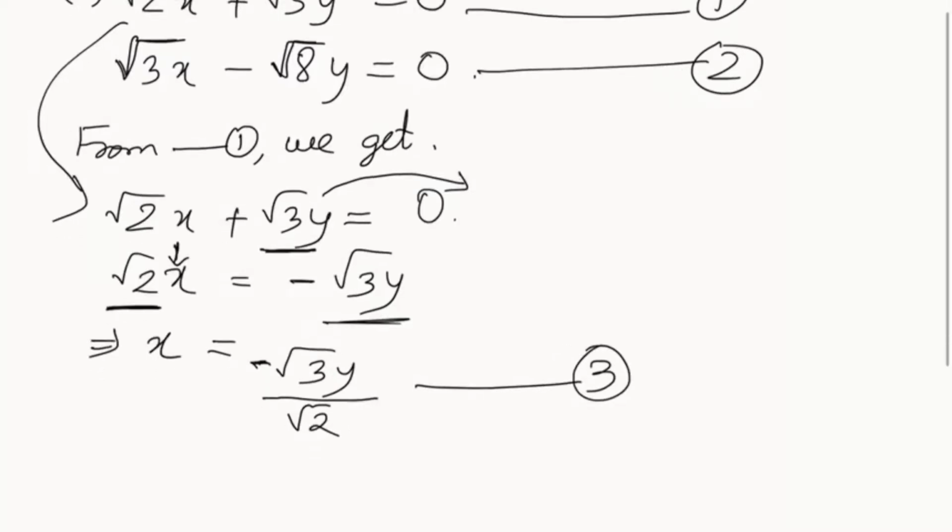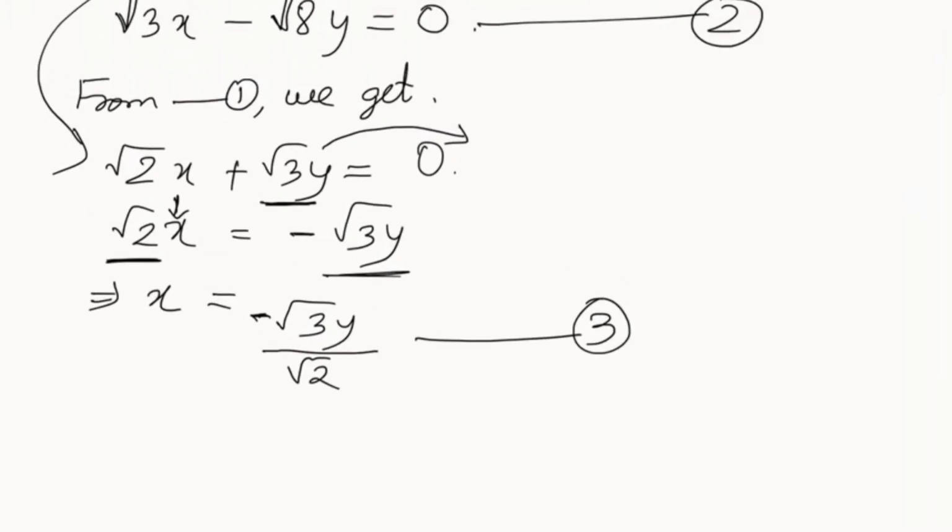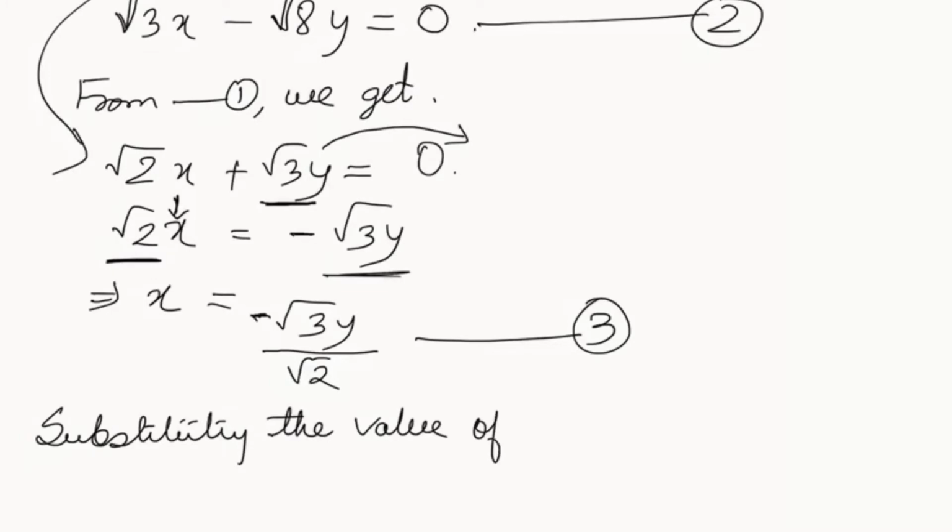Now it looks a bit complicated and difficult, but you will see that this is the easiest question in this exercise. Okay, let's proceed. Substituting the value of x equals minus root 3y by root 2 in equation 2.